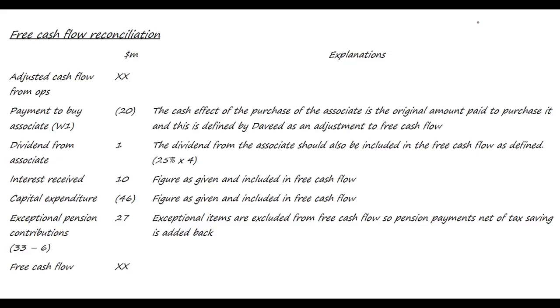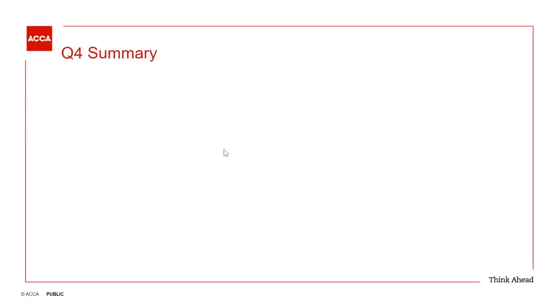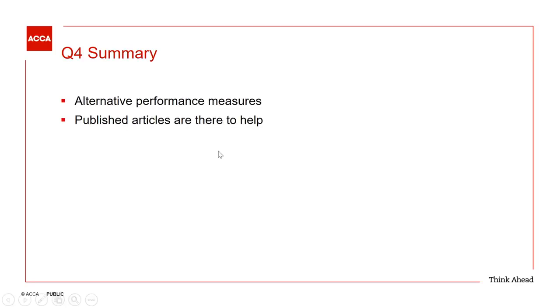Good. Let's recap. So, what were the key takeaways from our debrief of question 4 from the SBR exam in September 2018, which on this occasion was on alternative performance measures? For me, one of the key takeaways is the importance and significance and usefulness of articles ACCA publish.